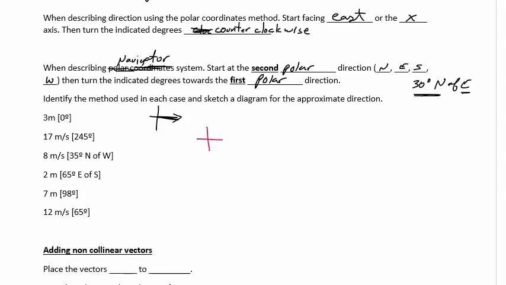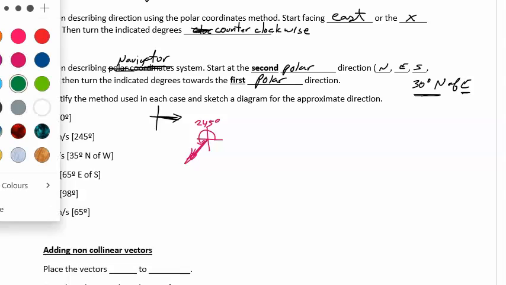Well, we'd start here up to 90, sorry, to 180, and then south would be 270. That's a little bit too far, so it's going to go around 245 degrees, and that would be 17 meters per second.